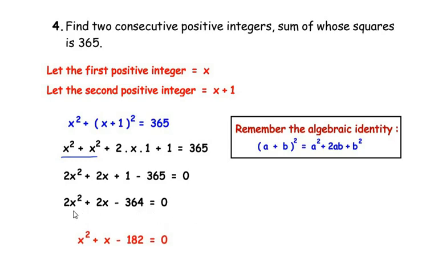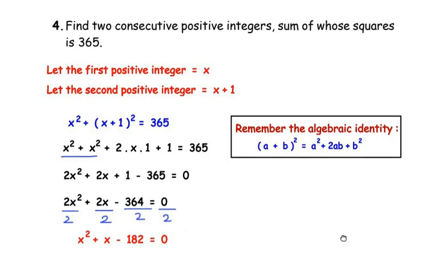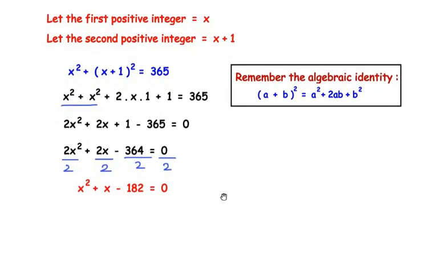Now here each term is divisible by 2, that is 2x square can be divided by 2, 2x can be divided by 2, and negative 364 can be divided by 2, and 0 also can be divided by 2. So here our equation simplifies as x square plus x and minus 364 divided by 2 gives us minus 182 equal to, now 0 divided by 2 gives us 0 itself.